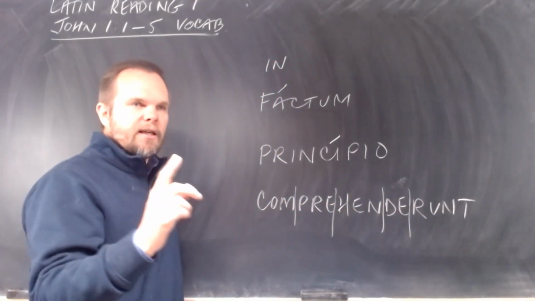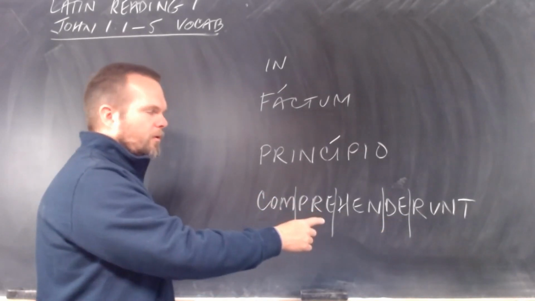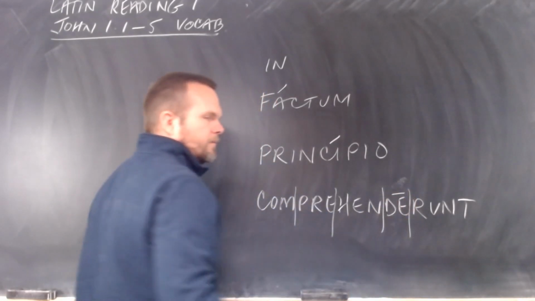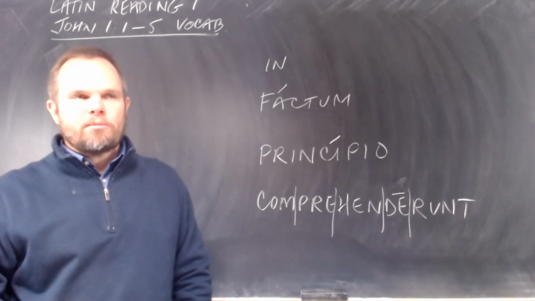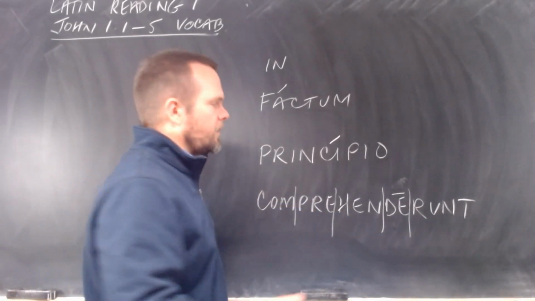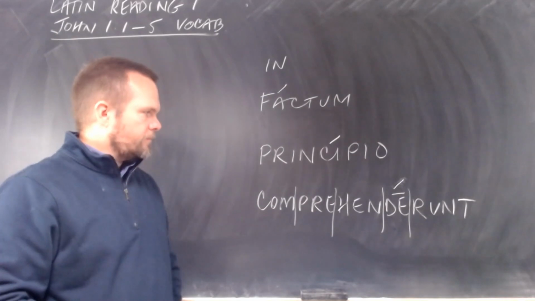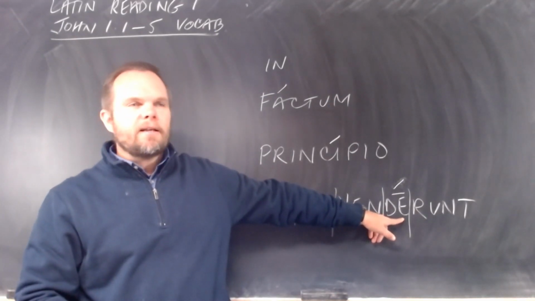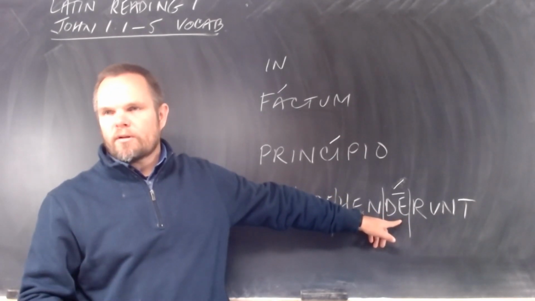And here's the key. If the syllable, the second to last syllable, is long, and there's a couple different things that make a syllable long, if the syllable is long, then it has the accent. So we'd have to figure out if that A in Latin is long or short in the word.